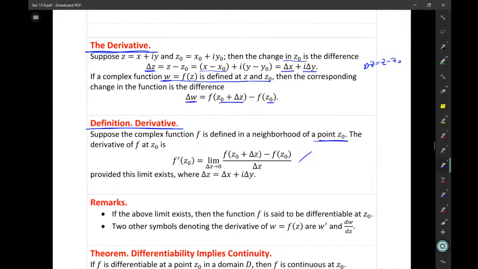هلا delta z is equal delta x plus I times delta y. We showed this one here at the beginning.